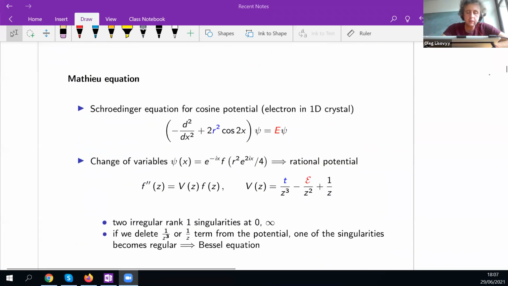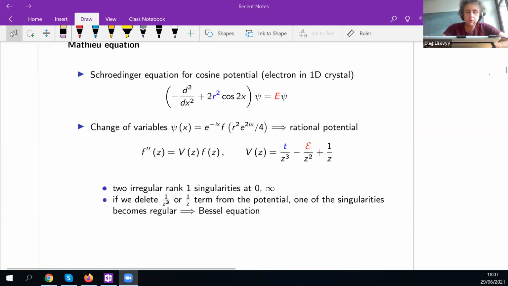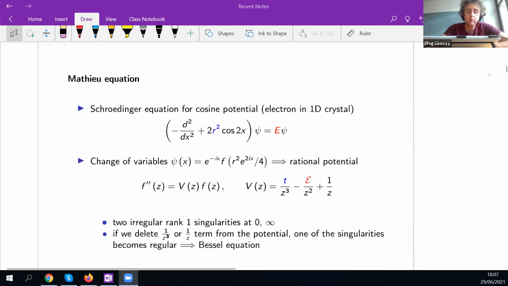Okay, so let me start with Mathieu, which is a Schrödinger equation for a cosine potential. One can think about a particle moving in a periodic potential, and from the point of view of the theory of ODEs in the complex domain, it makes sense to make this change of variable here and to make our potential rational.